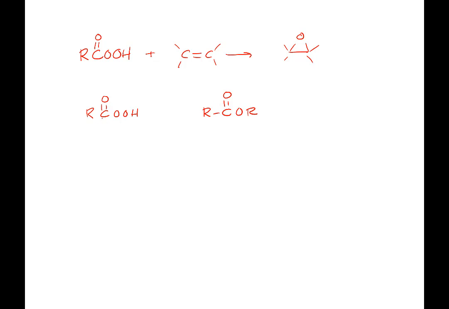Okay, so we've got R1 and R2. And what Baeyer and Villiger found out was that if you took a peroxy acid and you reacted it with the ester, sorry, not an ester, a ketone. Yeah, ketone. If you reacted it with a ketone, you make the ester.